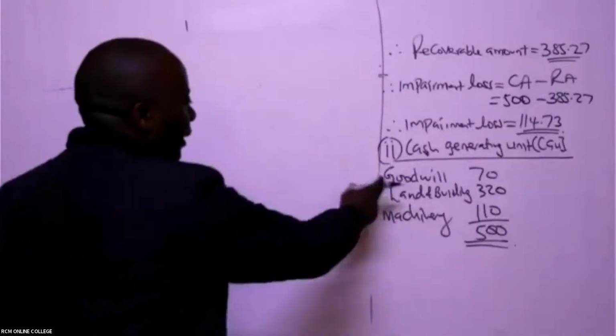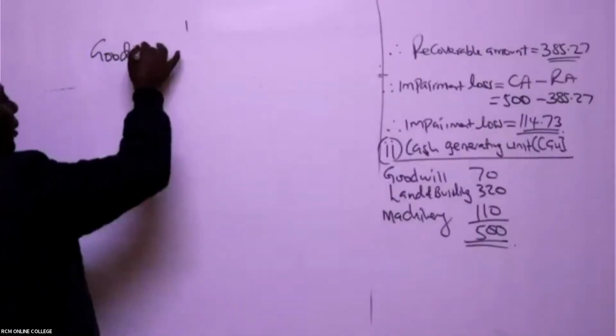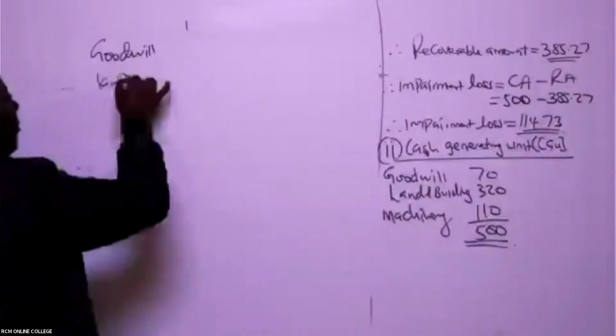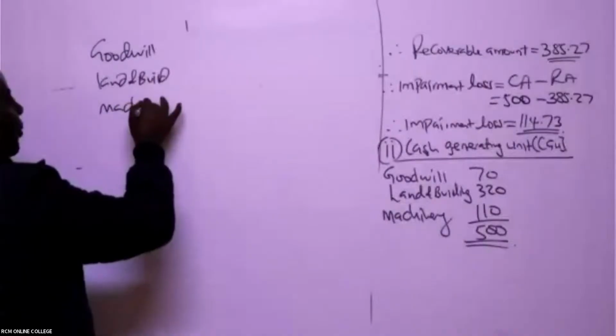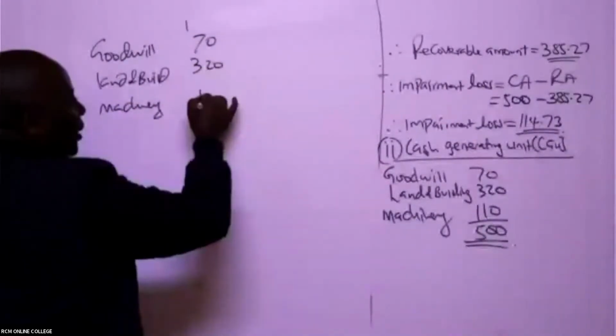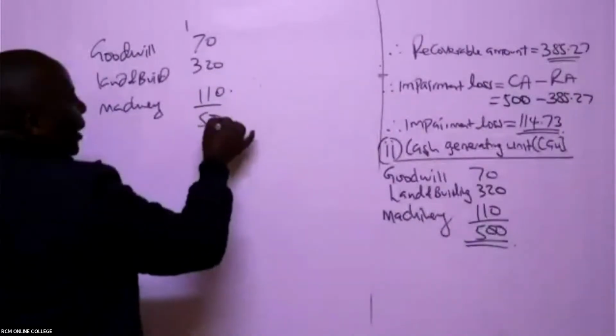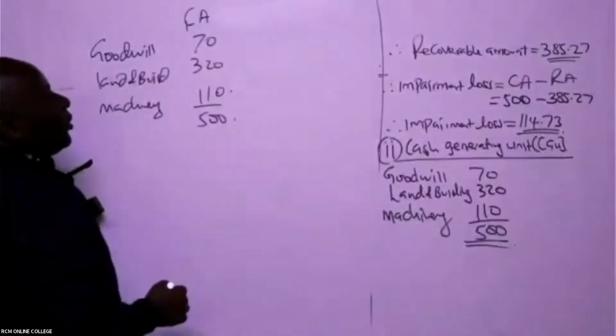Allow me to write this here. So we have goodwill, land and buildings, and machinery. So this is 70, 320, 110, giving me 500. Remember, these are the carrying amounts.